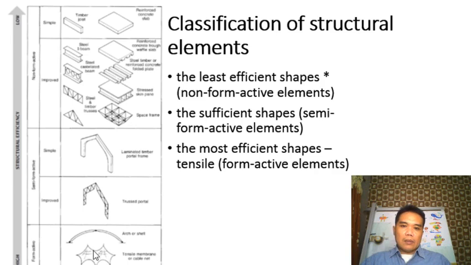Cable, for example, if we combine this cable with the single element such as column and beam, of course the size of the material of this tensile structural system is less. So this tensile structure can be seen as the most efficient shape of the structural system.